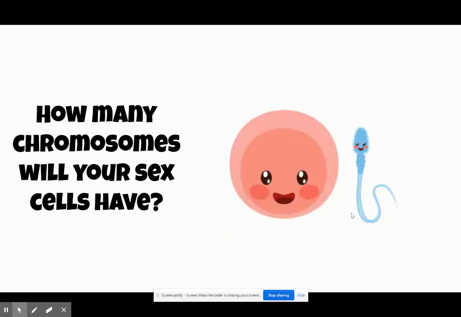However, when we get down to your sex cells, females are going to have eggs, males are going to have sperm. How many chromosomes will your sex cells have? Again, you're only going to have half in either your eggs or your sperm. And again, that's because eventually, when the time is right and when you're an adult, you're going to probably procreate and make children.